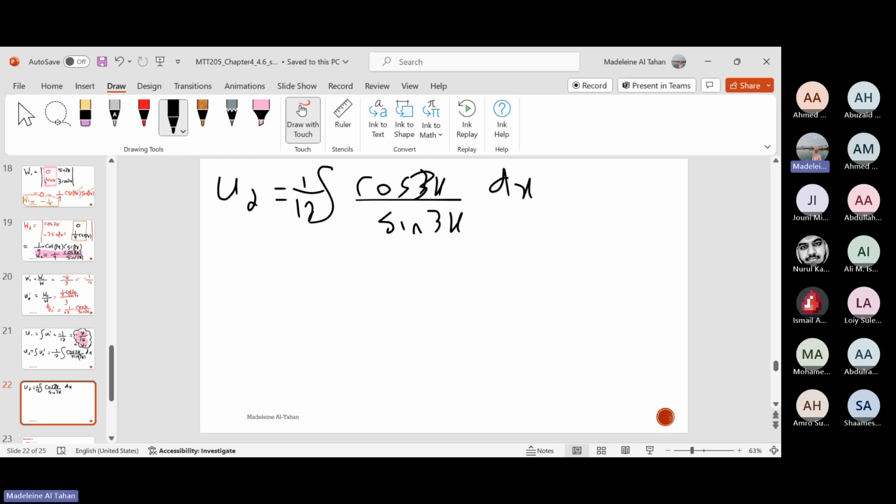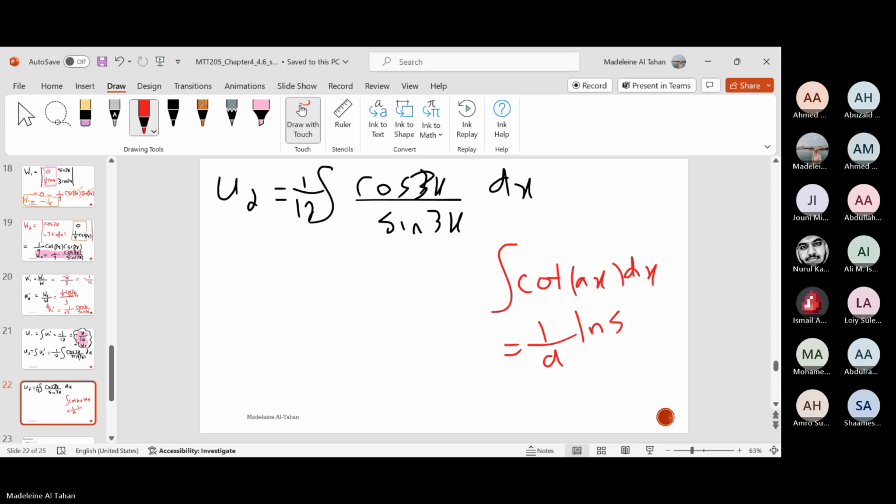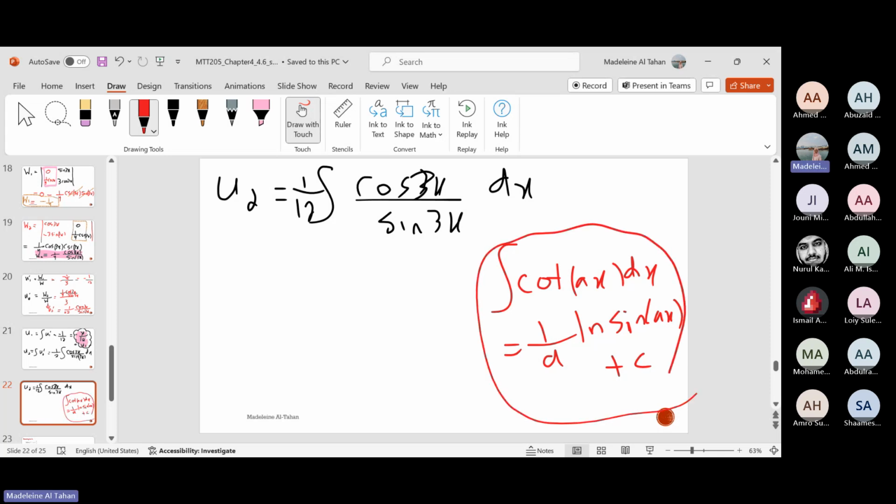Here we have two options, either memorizing the rule, or we can say let u equal sine 3x. We will get du equal 3 cosine 3x dx, and then we will get this answer.